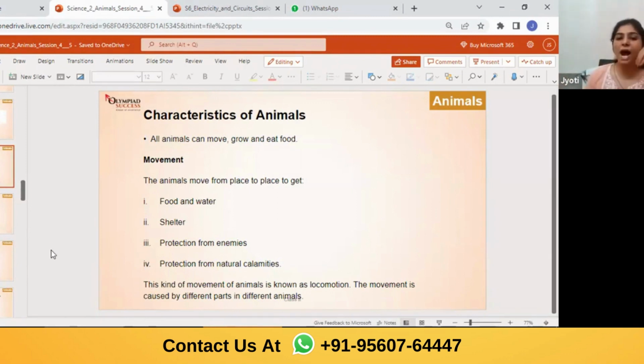And why do animals or human beings move from one place to another? That is in search of food, in search of shelter, and for protection from the environment, natural calamities like storm, wind, hot, cold, and protection from enemies also. This type of movement from one place to another is known as locomotion. Different types of movements are there in different animals.